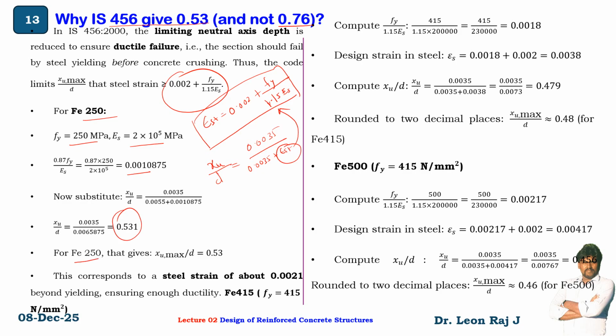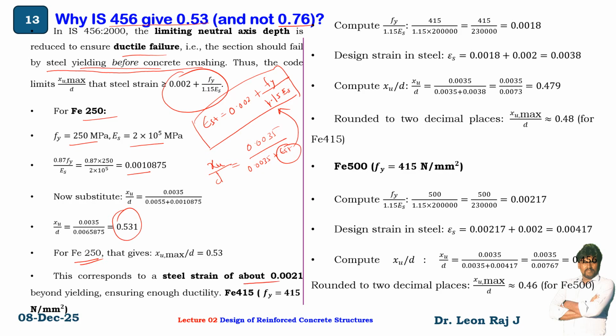So for Fe250 also we are insisting that there should be a ductile failure, that the strain in steel should yield first. So steel yielding before concrete crushing is ensured. That's why this formula for strain in steel epsilon st is used here.